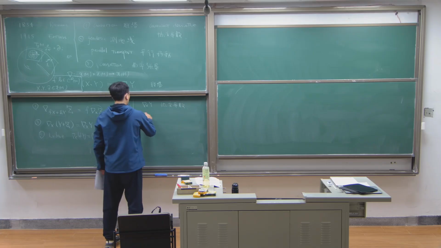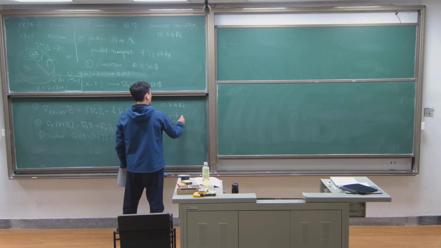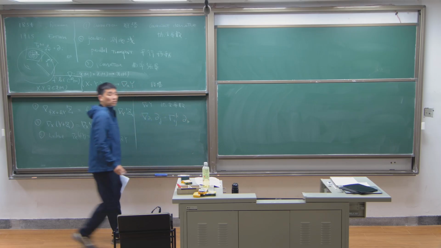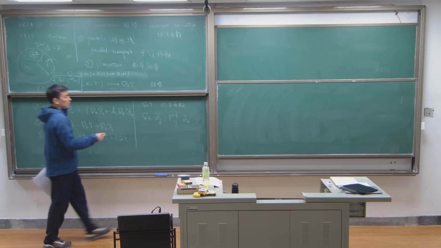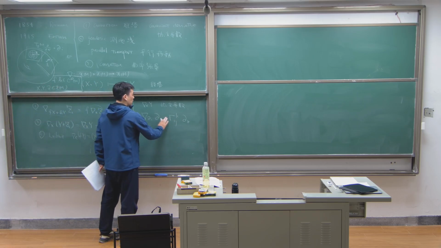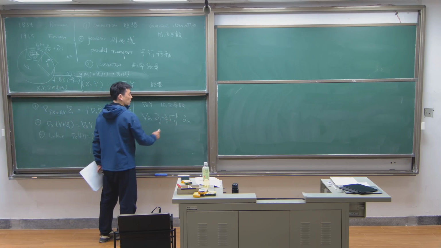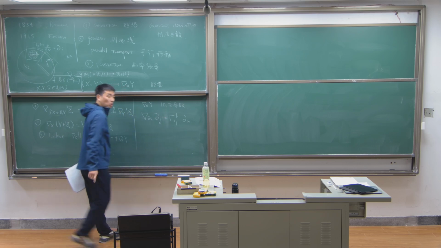Often people just open it like this. And here I use the Einstein convention, so the sum over k is implicit. I will always use the Einstein convention from now.